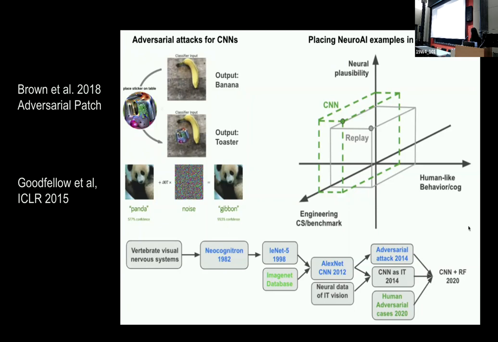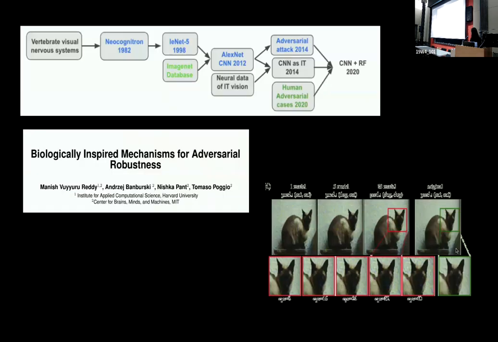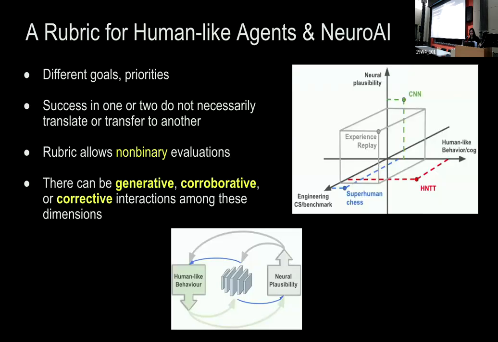And I think the most successful version might be recently this approach that Tommy Poggio and others at MIT have been taking to also find adversarial examples for humans. Interestingly enough, until today, we do not have a comprehensive approach that looks at both errors and accuracies of humans across a standardized set of images and shows correspondence with a model that does both and captures neural data.